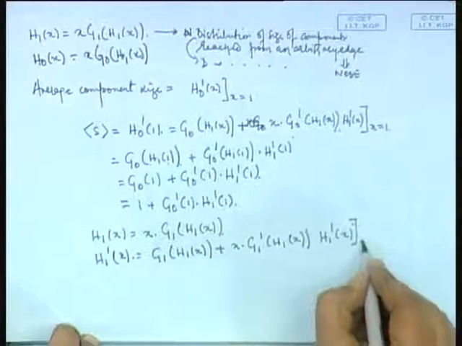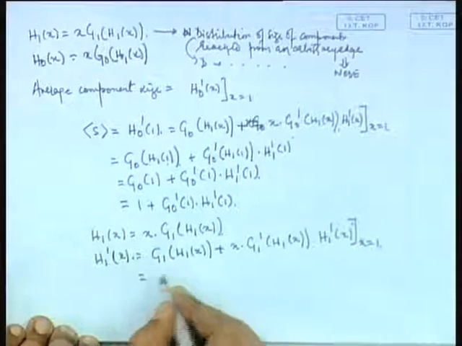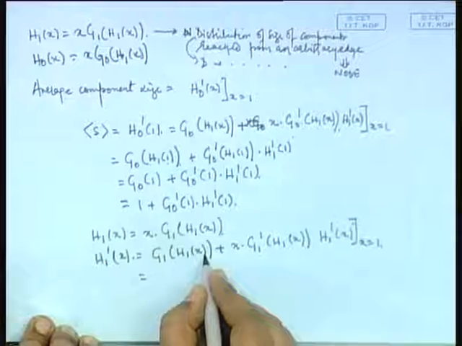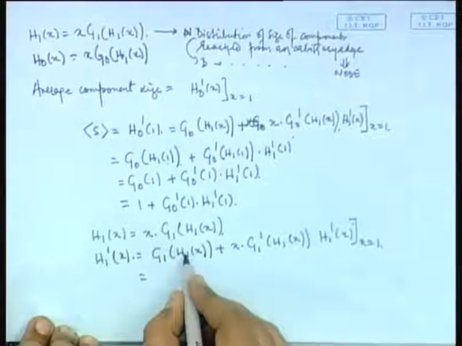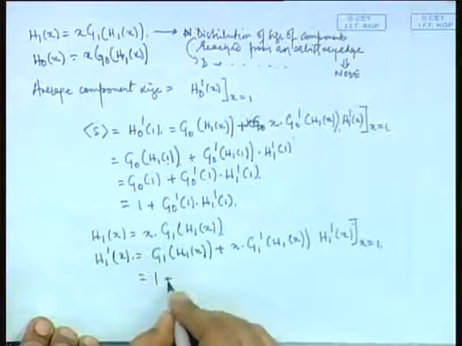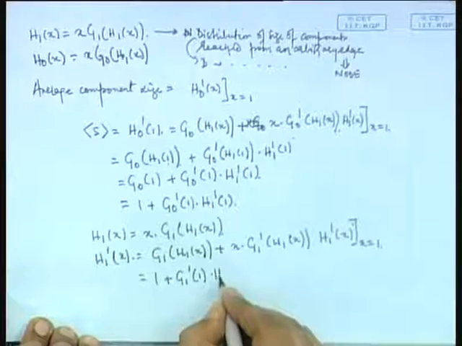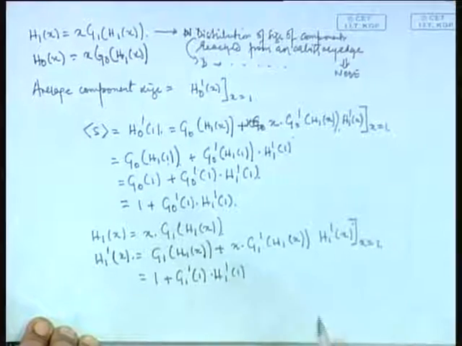Then you have to take x is equal to 1, and immediately you see that H1 is 1 and G1 is 1. This becomes 1 and this becomes G1'(1)·H1'(1).